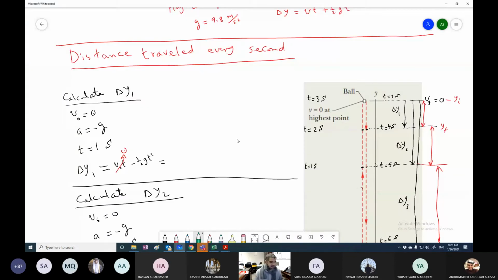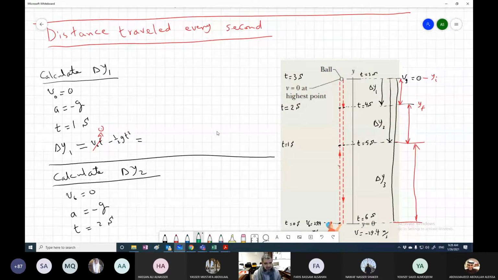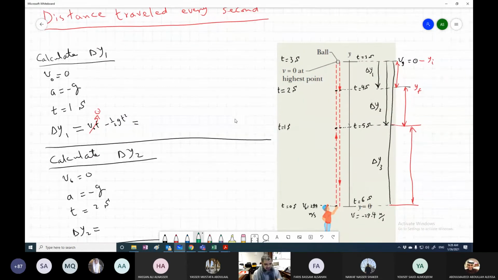Distance traveled every second. We want to calculate delta y. Here in this figure, the same graph as we have seen before, the same boy with his hat, and v0 is 29.4 meter per second. Here t equals 1 second, 2 seconds, 3 seconds, and then 4, 5, 6.